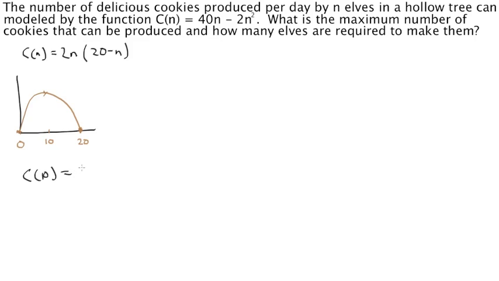That would give us 2 times 10, so 20 times 20 minus 10. So we're done. 200. We need 10 elves to get the maximum, and then 200 cookies. So 10 elves and 200 cookies.